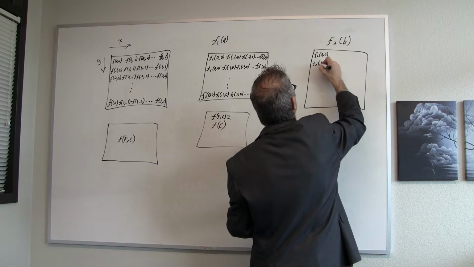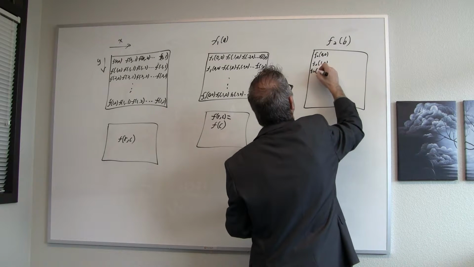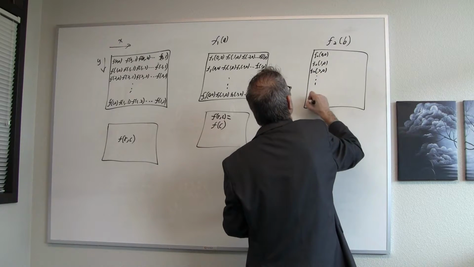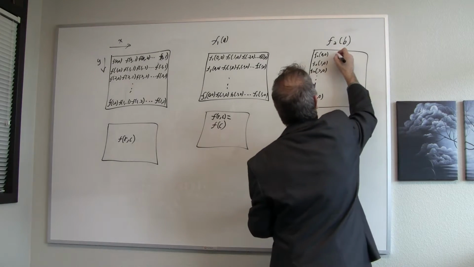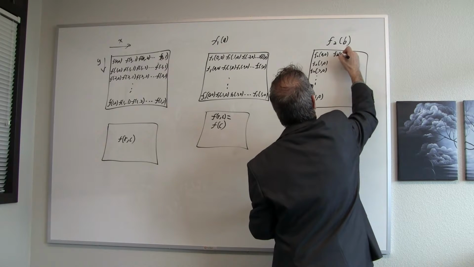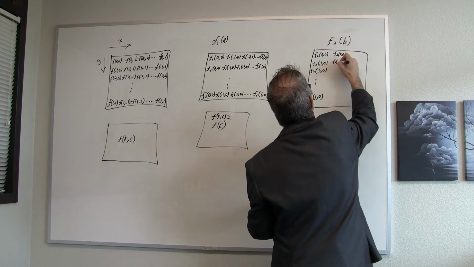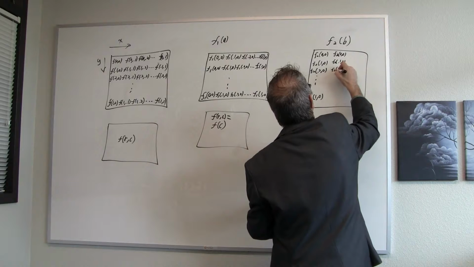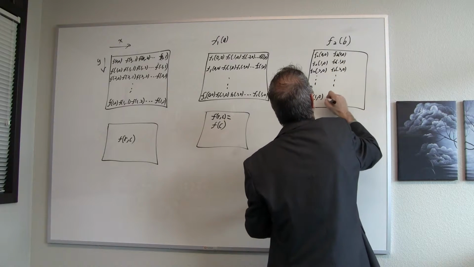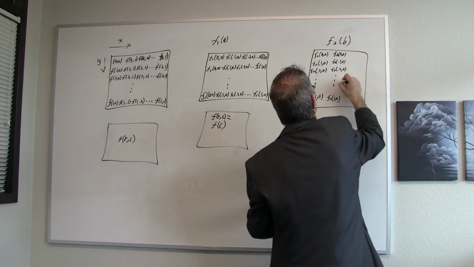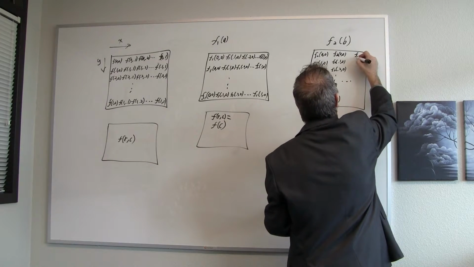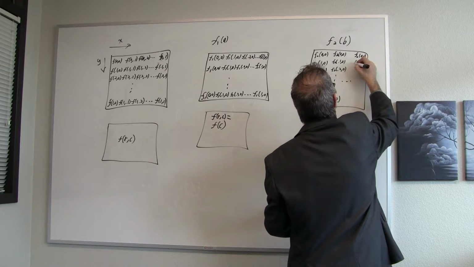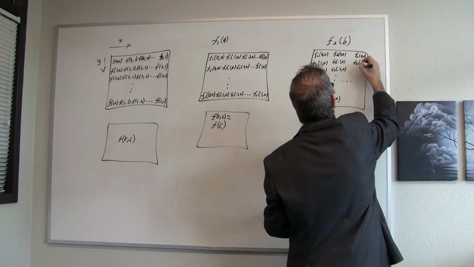So f2 of 0.10, f2 of 0.20, all the way down to f2 of 1, 0. And then in the next column we store exactly the same information: f2 of 0, 0, f2 of 0.10, f2 of 0.20, all the way down to f2 of 1, 0. And we do this all the way across. And in the last column we store yet another copy of this single dimensional information.